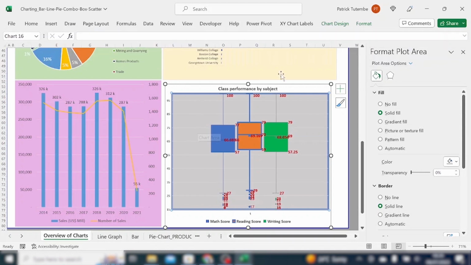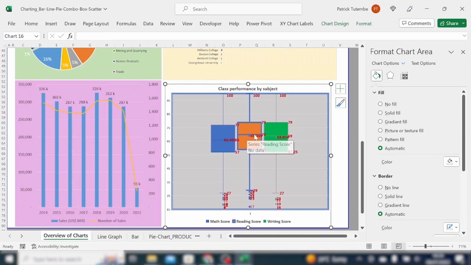Then a box plot also tells us about skewness and symmetry of a distribution. A symmetrical box plot with the median line in the center suggests a balanced distribution without significant skewness. For skewed distributions, if we have the median not centered and the box plot appears elongated towards one side, it indicates that there is skewness in the dataset.